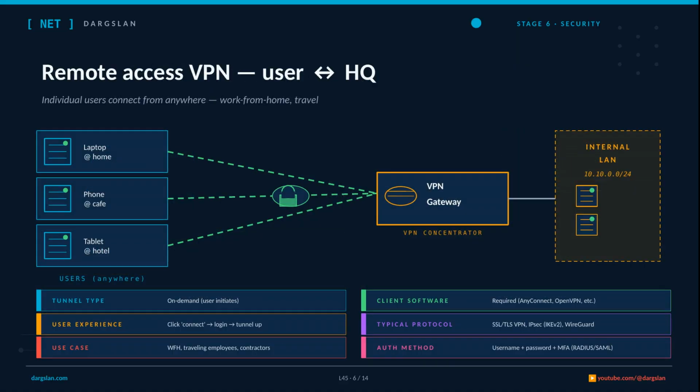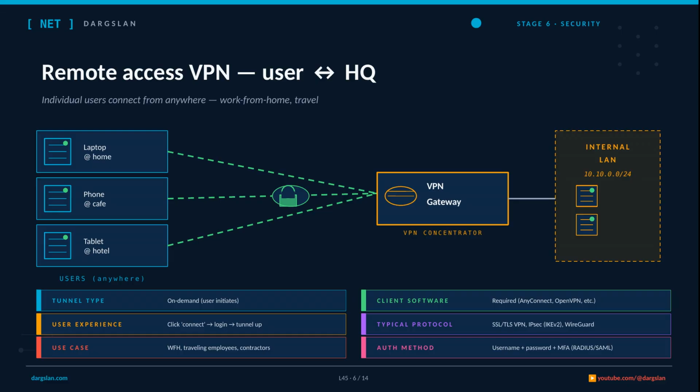The second flavor flips that model around. Remote access VPN, where the user, not the site, initiates the tunnel. Think of your laptop at home, your phone in a cafe, or a tablet from a hotel room. Each one runs client software like AnyConnect, OpenVPN, or a WireGuard app, and the user clicks connect, authenticates with username, password, and an MFA prompt, usually backed by RADIUS or SAML, and an on-demand encrypted tunnel comes up to the VPN gateway, also called the concentrator, at headquarters.